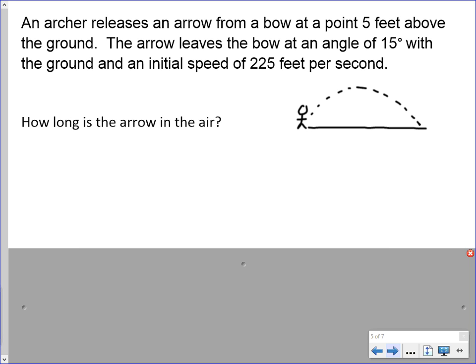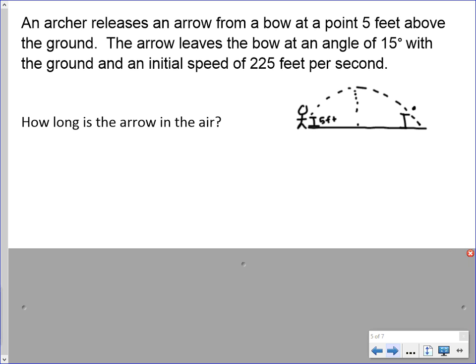Okay, now I did hear one statement that I want to address. Could you just take the time we just found and multiply it by 2? No. Why not? Because we've already noticed that it's a little bit more than double because it goes past 2. Okay, remember, it's 5 feet, then it reaches its max height, and then by symmetry, if we doubled the 1.82, we'd only be to this point.